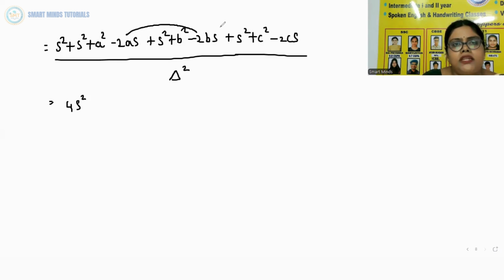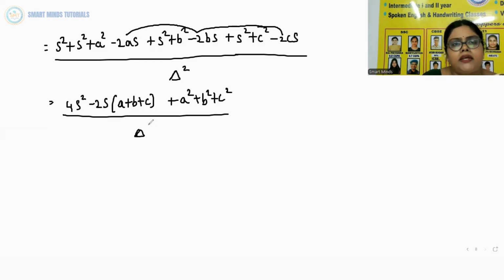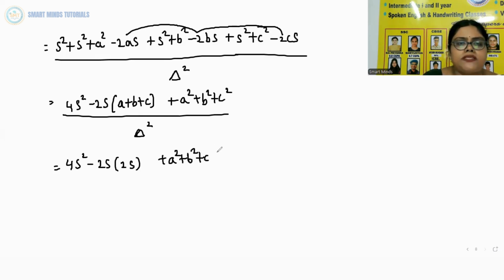From these three terms, if I take minus 2s common, we will get (a plus b plus c), plus a square plus b square plus c square, by delta square. So that is 4s square minus 2s into (a plus b plus c), which is 2s, plus a square plus b square plus c square, by delta square.